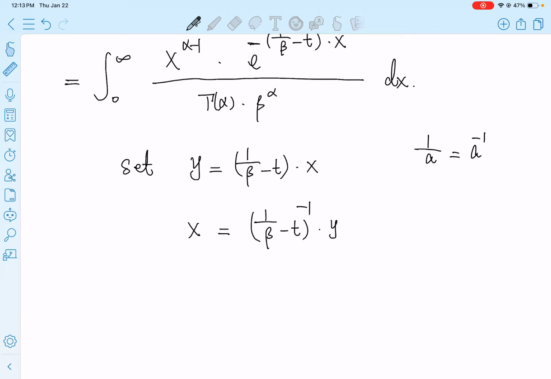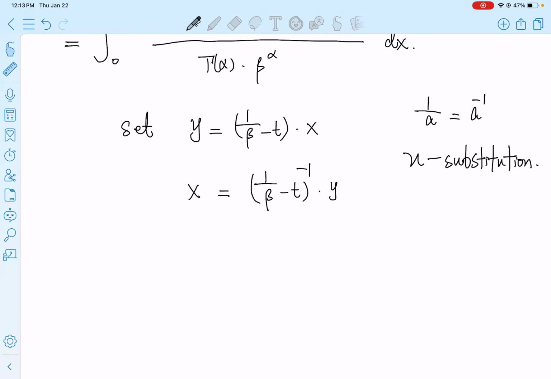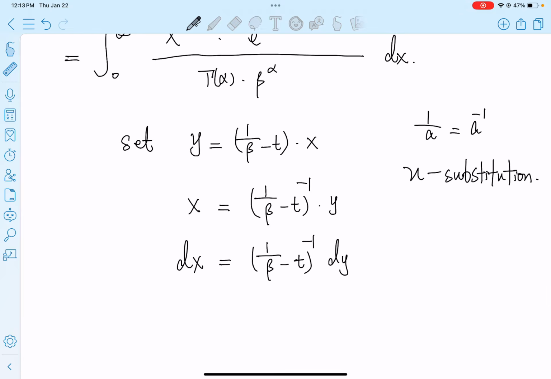I'm doing the u substitution again, and this is saying dx is equal to the constant times dy.